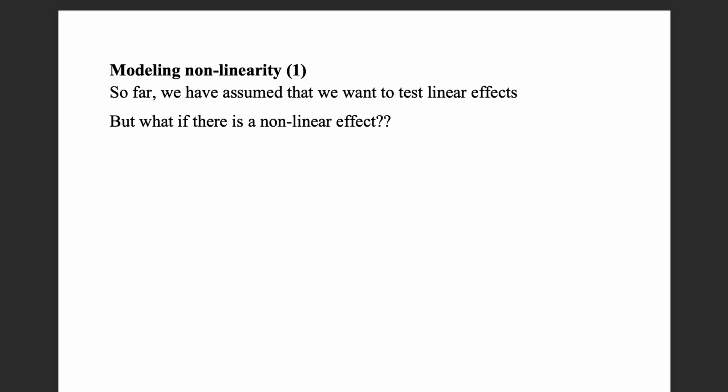The better news is, we can actually do something with these non-linear effects. As a matter of fact, we can keep using our linear regression model and still analyze non-linear effects with it, which may appear a bit confusing, but I'll show you how you can go about doing that, because you might care about nonlinear effects.